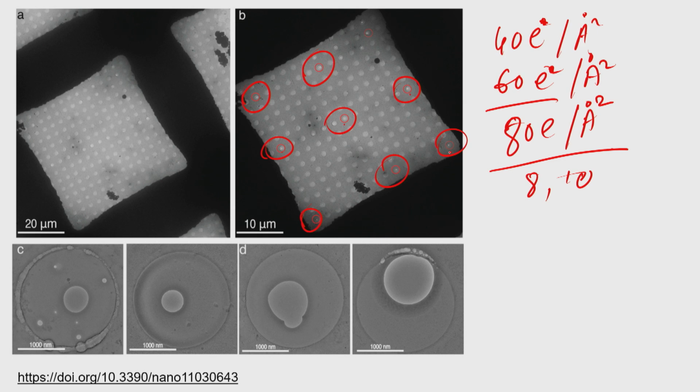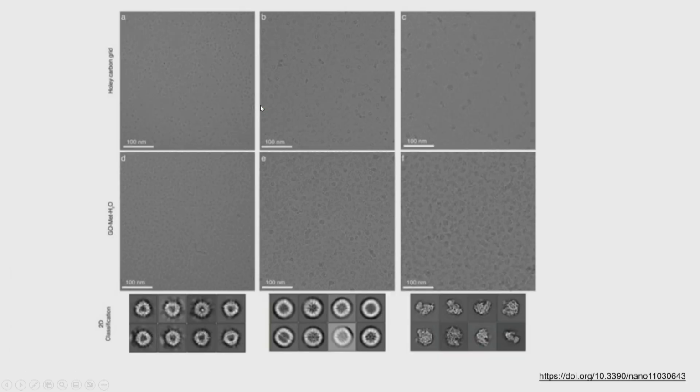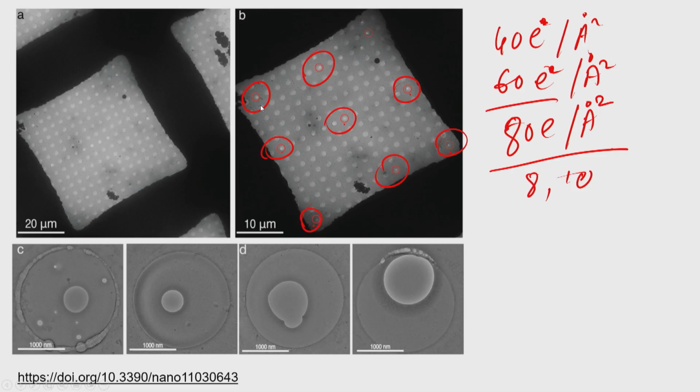That means we exposed those holes with the electron beam and want to see what kind of damage we can see. Here you can see this hole was exposed for a very long time, and that is why there is a bubbling effect. You can see that water molecules have started evaporating in those areas.